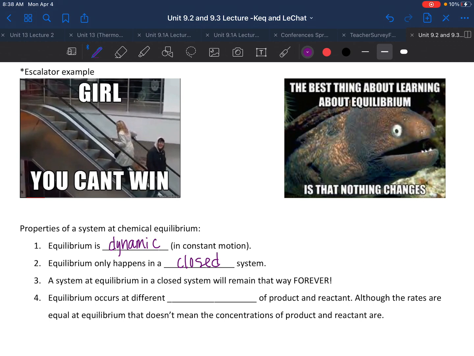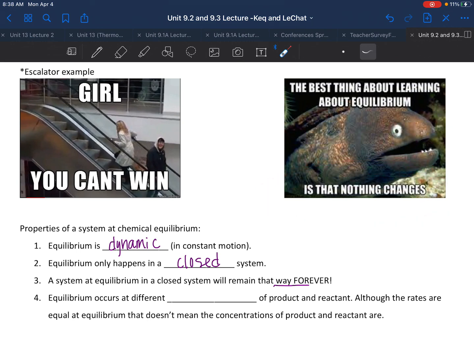If you just have a reaction that can go to equilibrium, open to your surroundings, the air, lots of different changes that can consistently be happening, that's not technically closed. So it only happens when it's closed. And what's really cool about that is if it is a closed system, it will remain that way forever. So it will forever be changing and reacting, but yet at the same time, nothing changes.